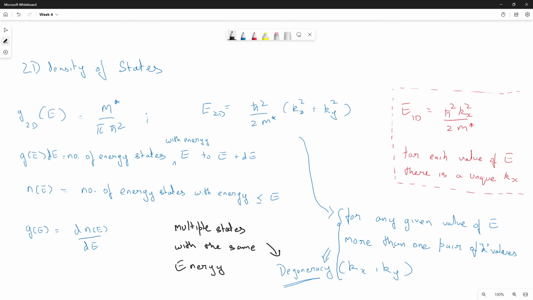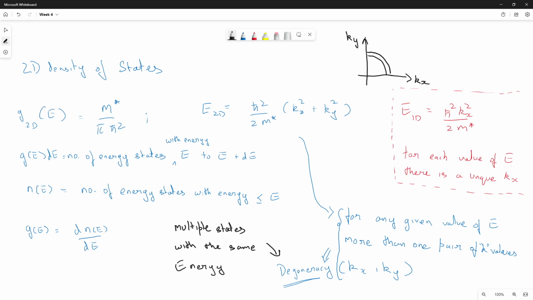Yes, sir. Actually, you told me that for a 2D system, we'll draw the circle in the X and Y axis, kx, ky. So essentially, every state for the 2D system has the same energy. Yes, exactly. So you will have a kx and a ky, and if you remember from whatever derivation was being done there, please pardon my drawing.